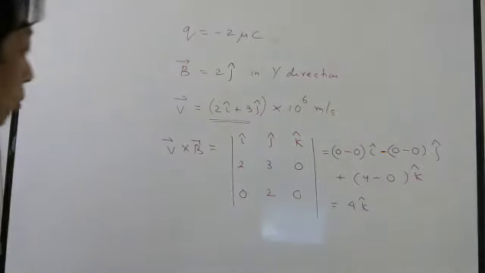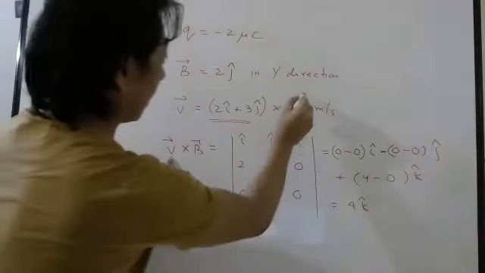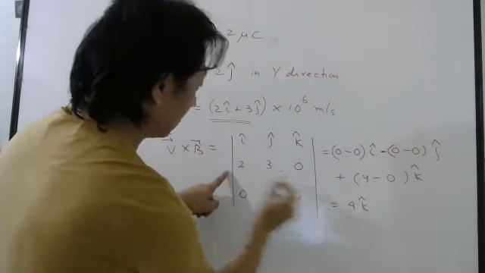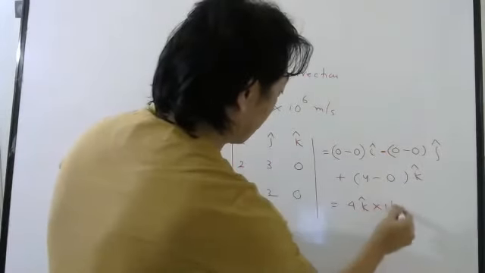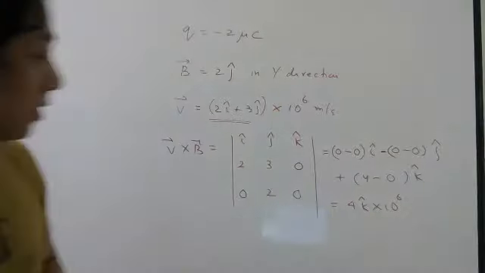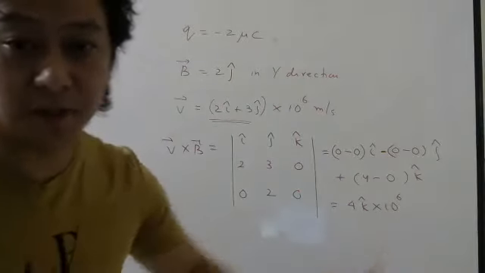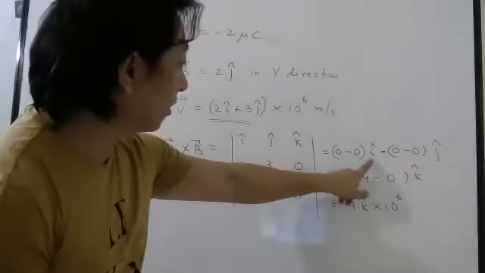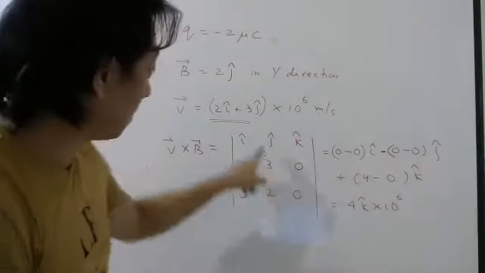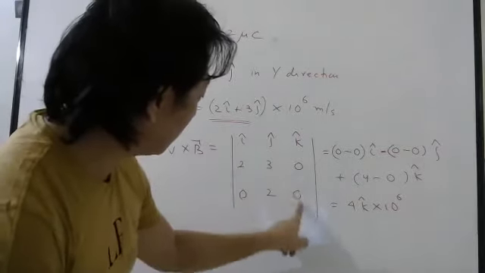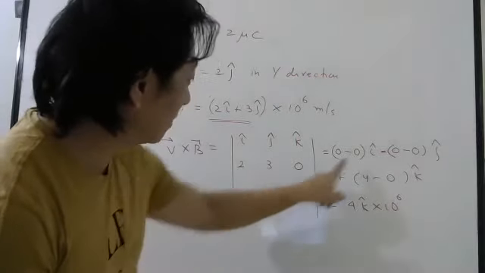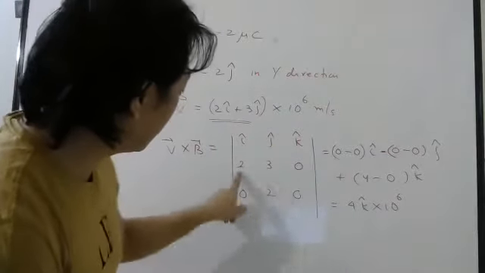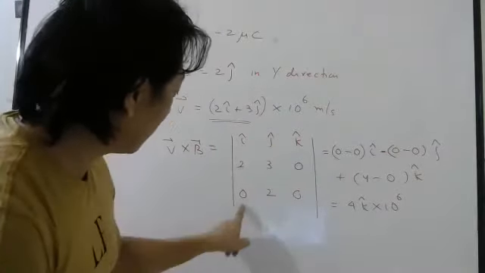But be careful about one thing. This velocity has 10 to the power 6 also. So there is 10 to the power 6 here. So I should multiply with 10 to the power 6. So this is your V bar cross B bar. Okay, this is how we find. First find i component, x component I mean, by removing this, multiply this, then multiply this. Then minus j component you remove, multiply this first, minus sign, multiply this.